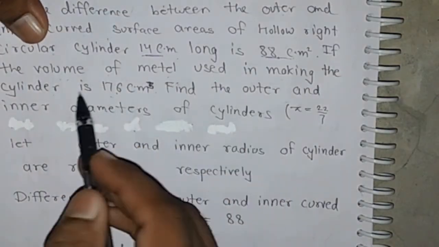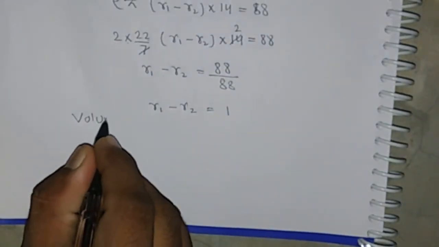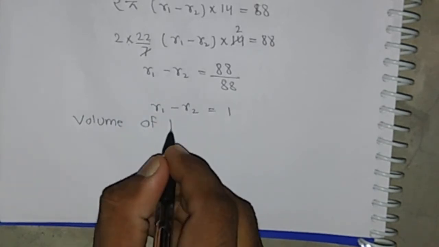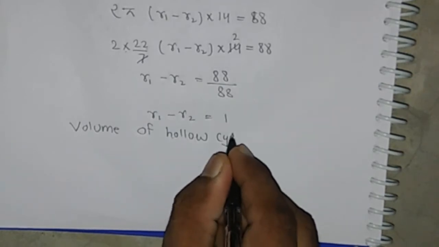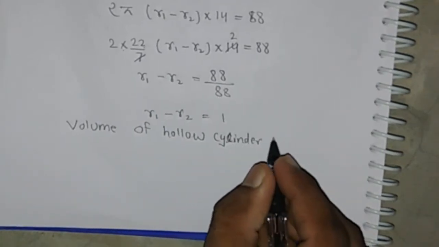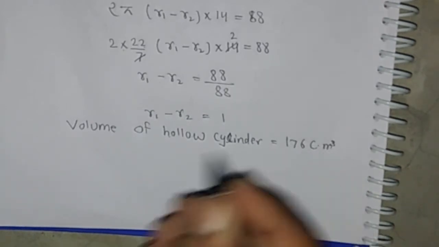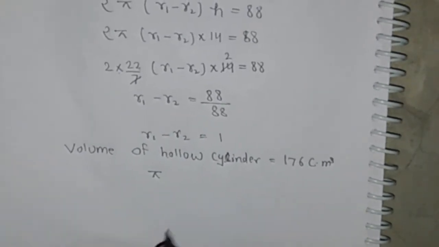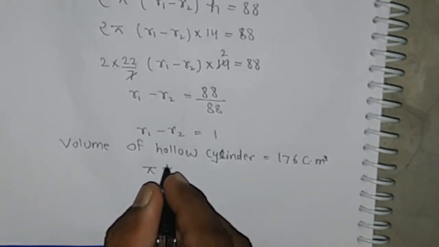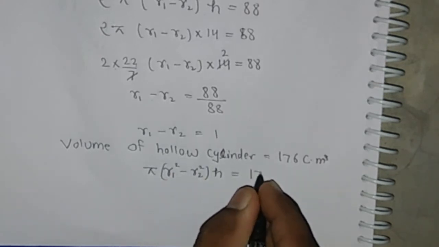Now the volume of metal used in making the cylinder is 176 cm³, means the volume of the hollow cylinder is given as 176 cm³, and the formula of the volume of a hollow cylinder, or volume of metal used in making a hollow cylinder, is given by π(R1 square minus R2 square)H equal to 176.